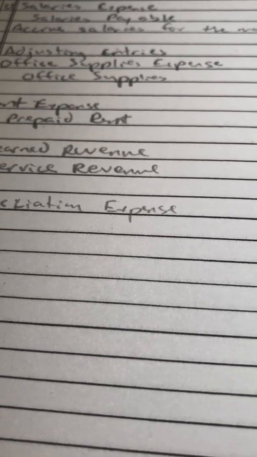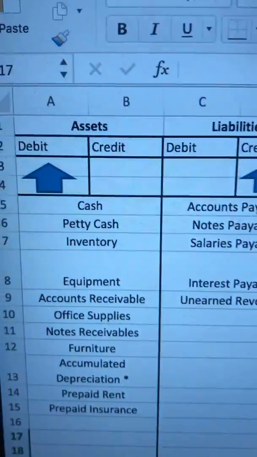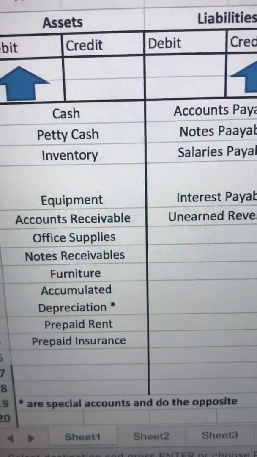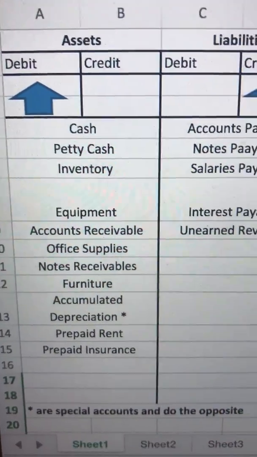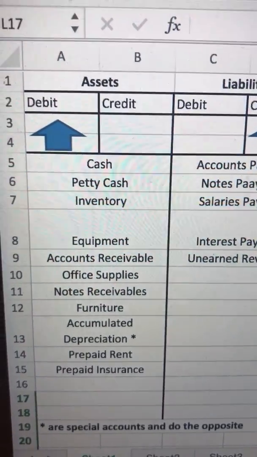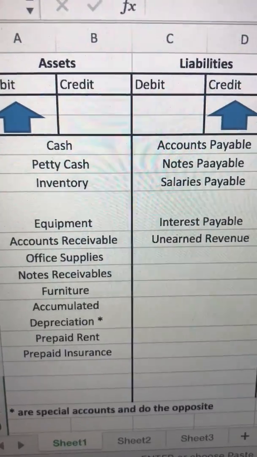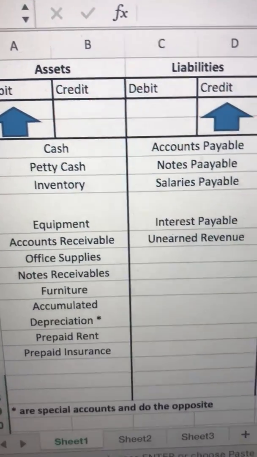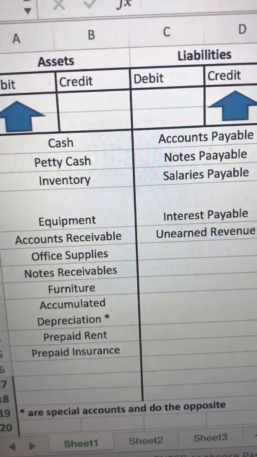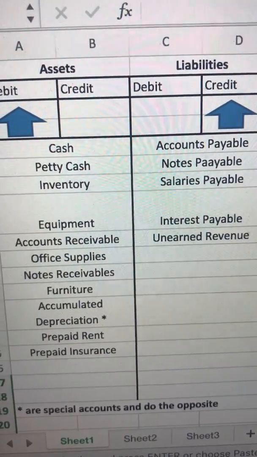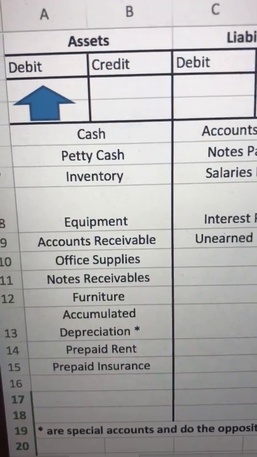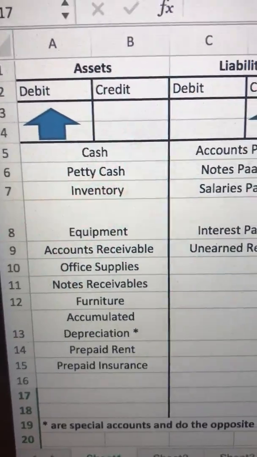If we go back to our chart of account rules, you see that furniture is an asset. And when an asset goes down, you credit it. However, plant assets, we don't touch the actual asset itself. You never want to credit a plant asset, or a fixed asset in this case, like the furniture, until it's actually sold.